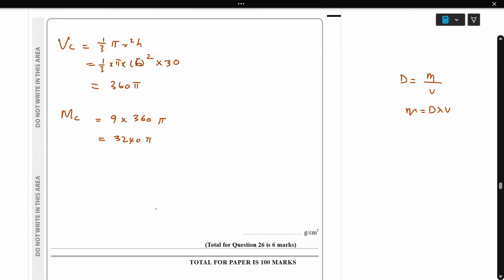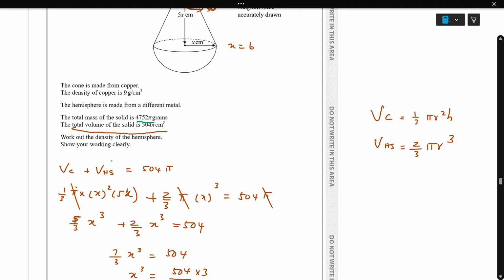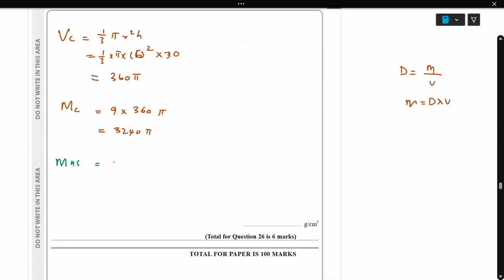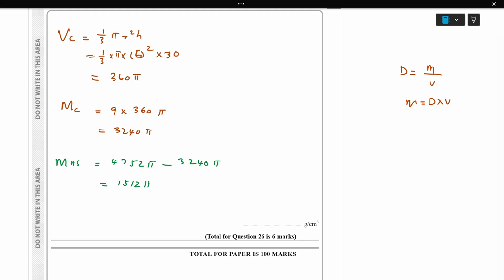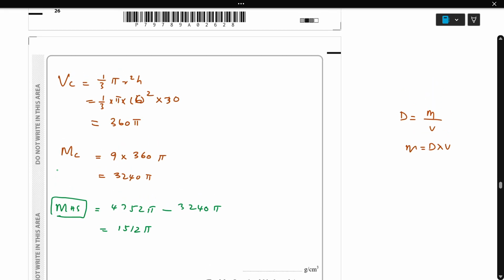So mass of hemisphere equal to total mass 4752 pi minus the mass of the cone, 3240 pi, which is 1512 pi. So we got the mass of the hemisphere.